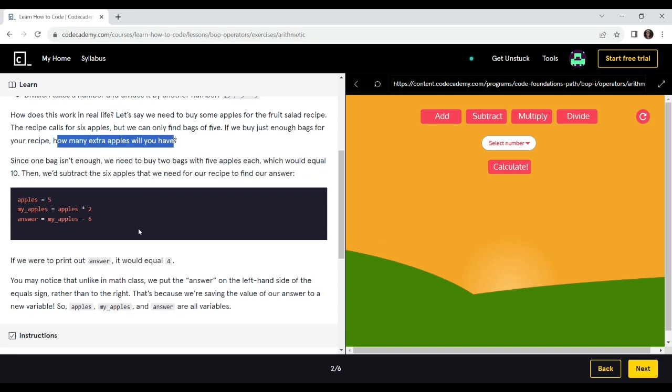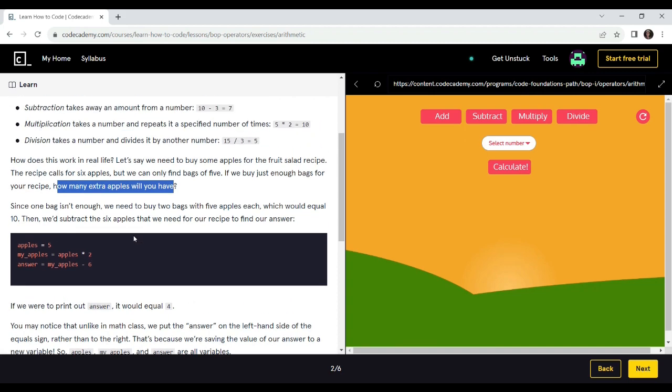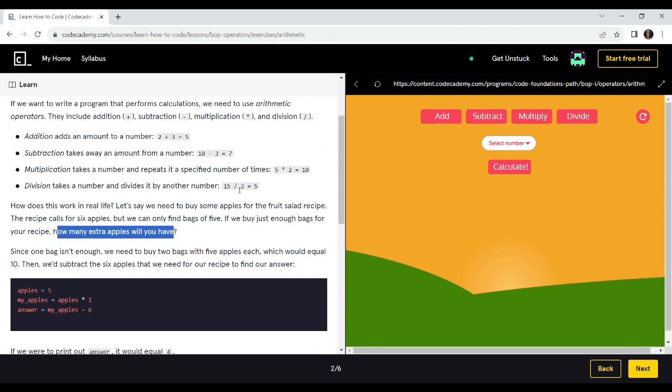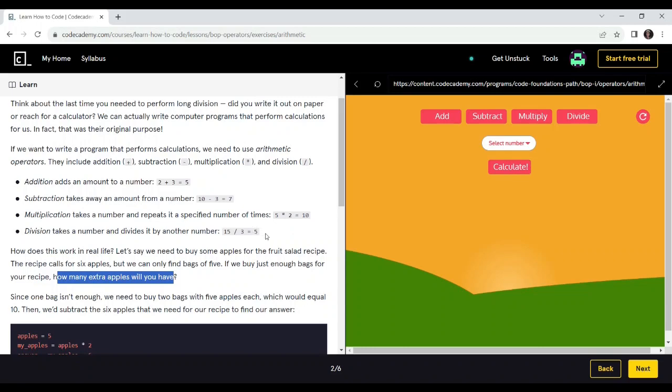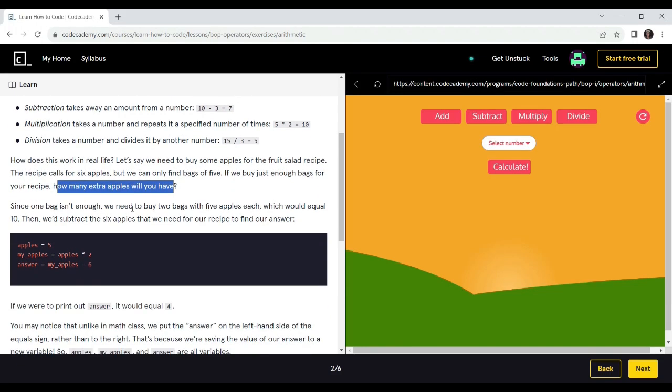We can actually use variables as they relate to operations to solve this problem. First, we define the fact that the apples variable is equal to the constant of 5.